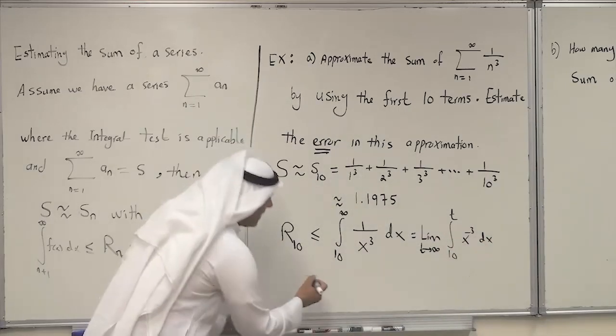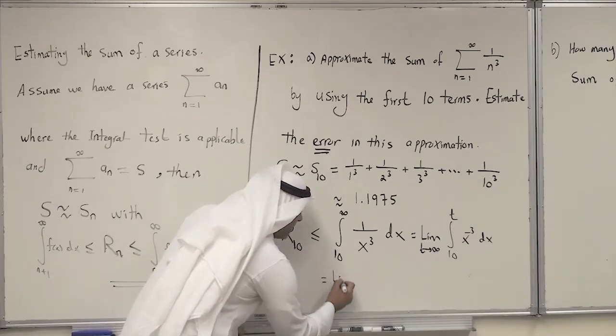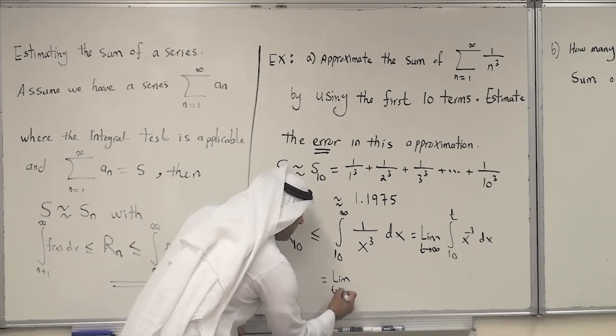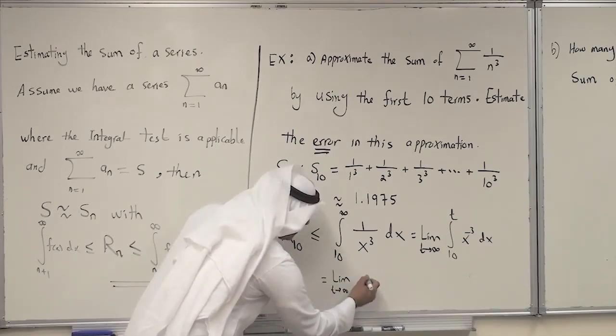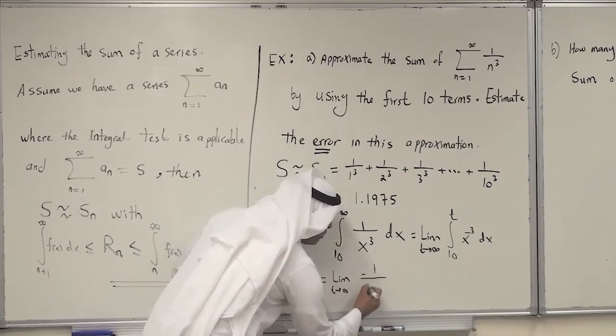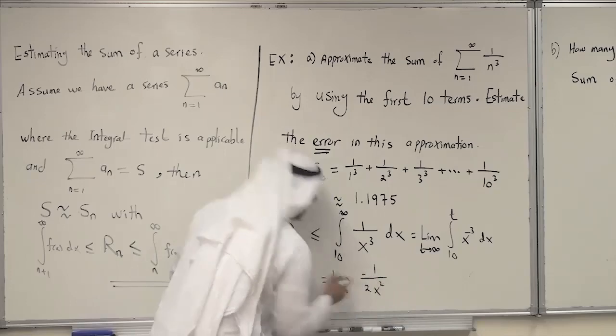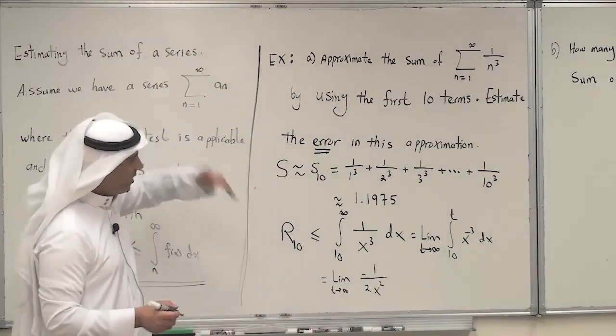If you integrate, this will be the limit as t goes to infinity of x to the power minus 2 over minus 2. So it is minus 1 over 2 x squared, if you like. x to the power minus 3 plus 1 is x to the power minus 2, over minus 2.